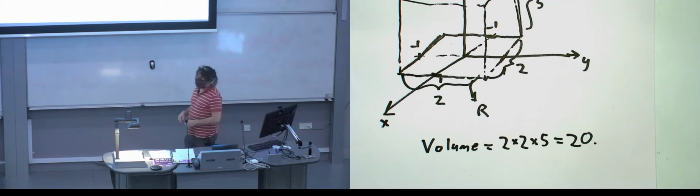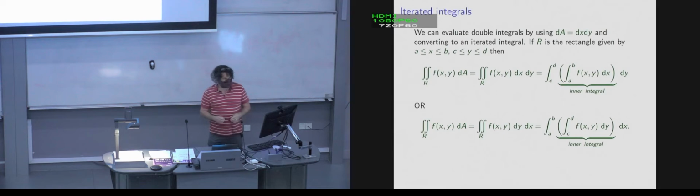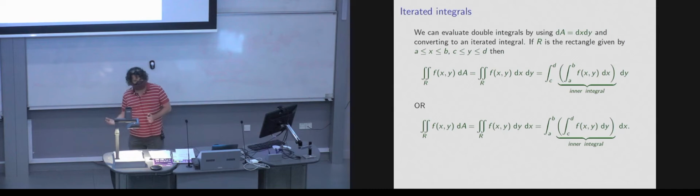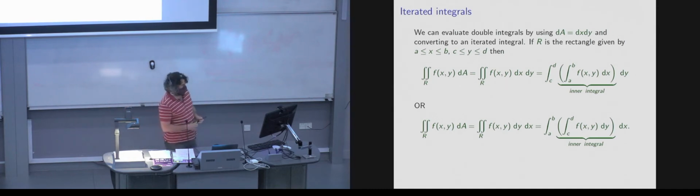All right, we could also calculate double integrals by converting them to iterated integrals. And so when we have a double integral over a rectangle R, we can convert it into an iterated integral, which is where we do the integration with respect to one of the variables first, and then the other variable second. And we refer to this as the iterated integral.